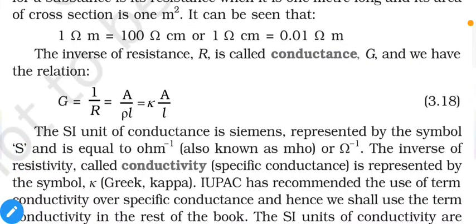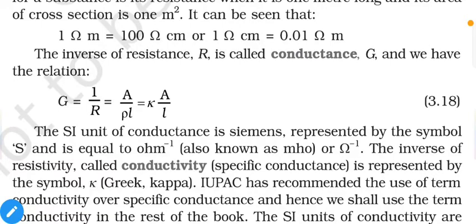Now the inverse of resistance R is called conductance. Obviously conductance and resistance are opposite to each other. If conductance increases, that means resistance decreases. Resistance decreases the amount of electricity passing through the body, and conductance represents the amount of electricity passing through the body, so they are inversely proportional to each other.